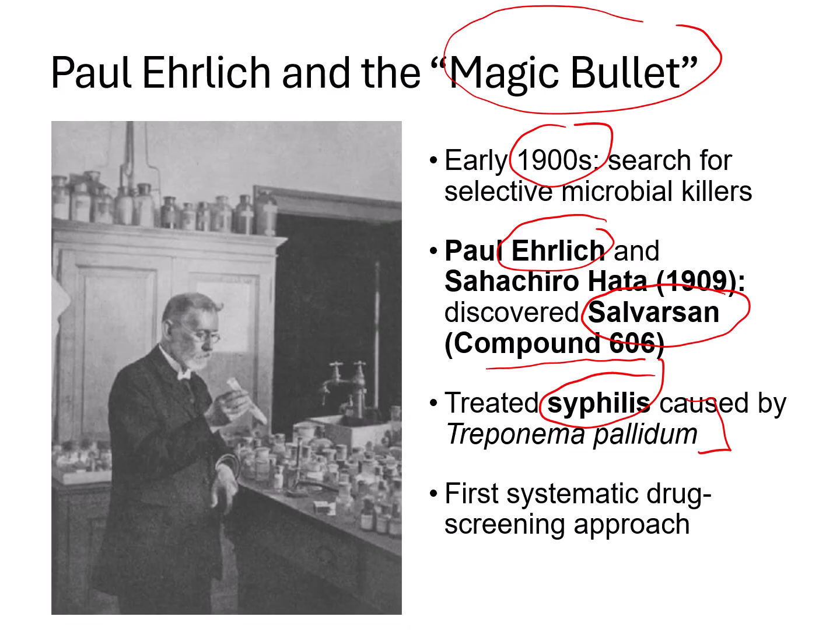And this was the first systematic drug screening approach and a major step toward rational drug design. They systematically screened a wide variety of compounds, and this remains a common strategy for the discovery of new antimicrobial agents even today.